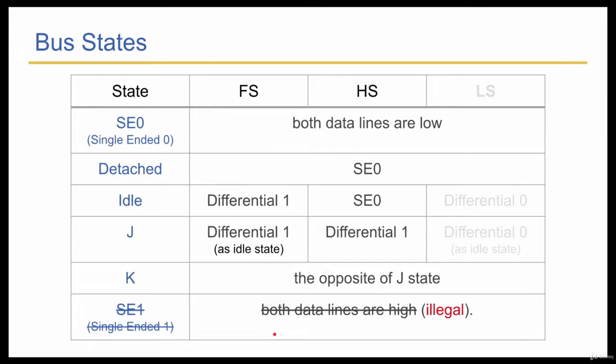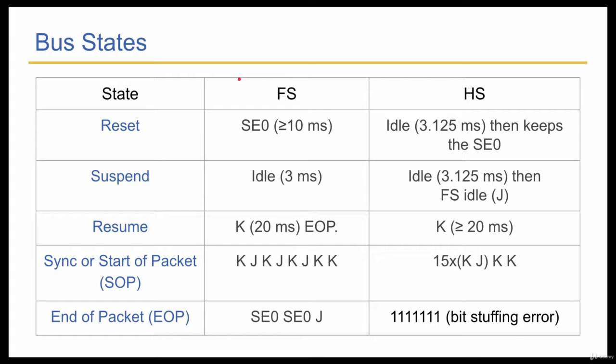That's it. The next state is reset state. Reset state means simply that the host is telling the device that it should restart itself. Very simple. And this state can be achieved when the host applies the state SE0 for longer than 10 milliseconds.